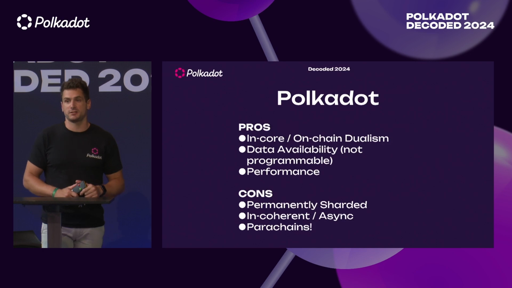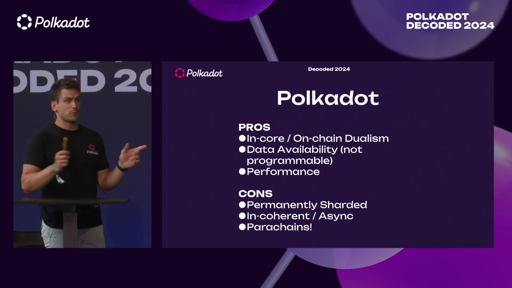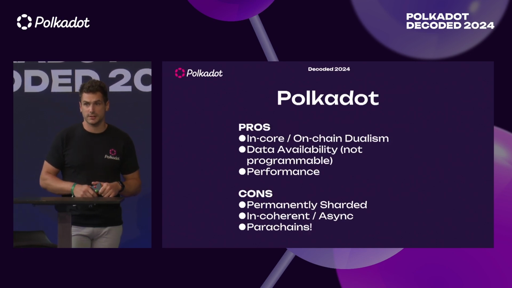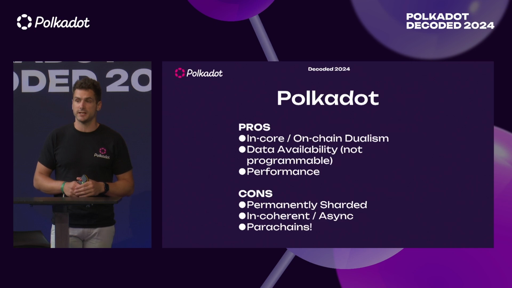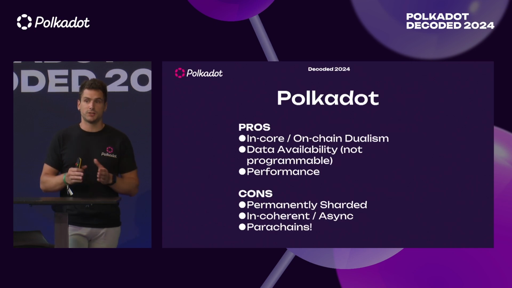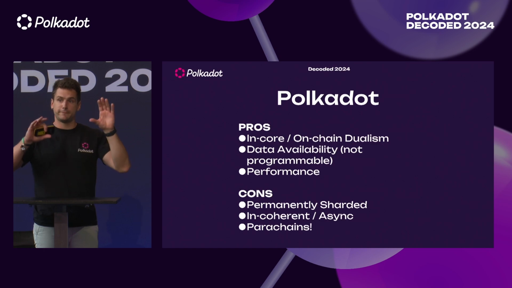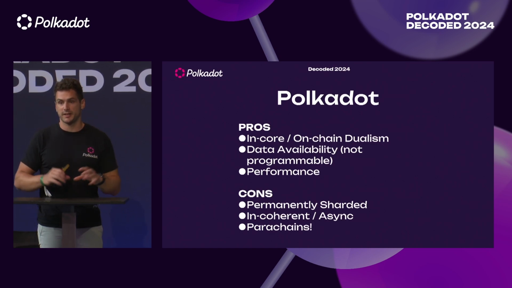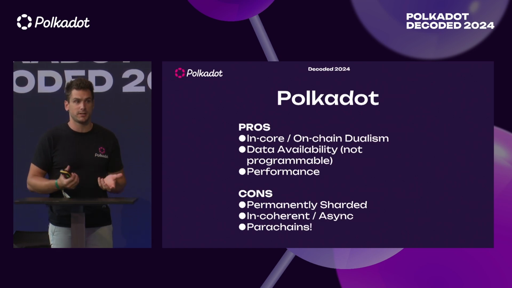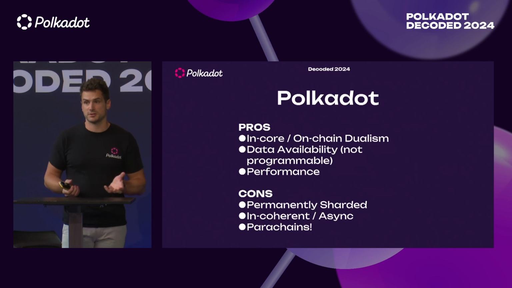The con is that Polkadot is a permanently sharded chain. And maybe you were at the other Gavin's talk. This is something that has been emphasized. Polkadot is a permanently sharded chain, which means that different layer ones cannot talk to each other. They cannot mix. They cannot be very synchronous.